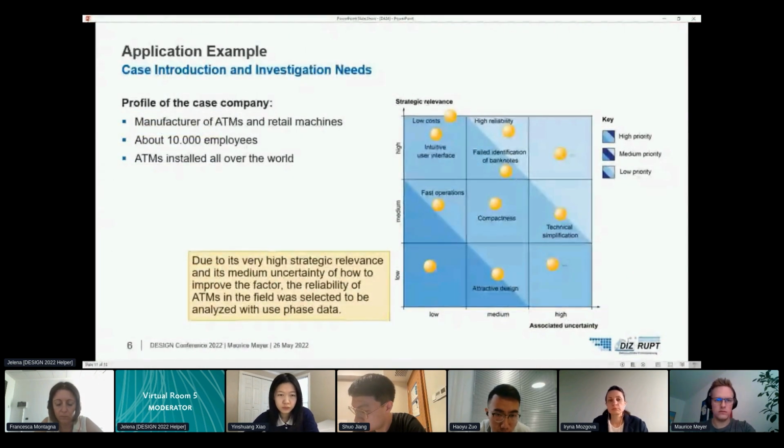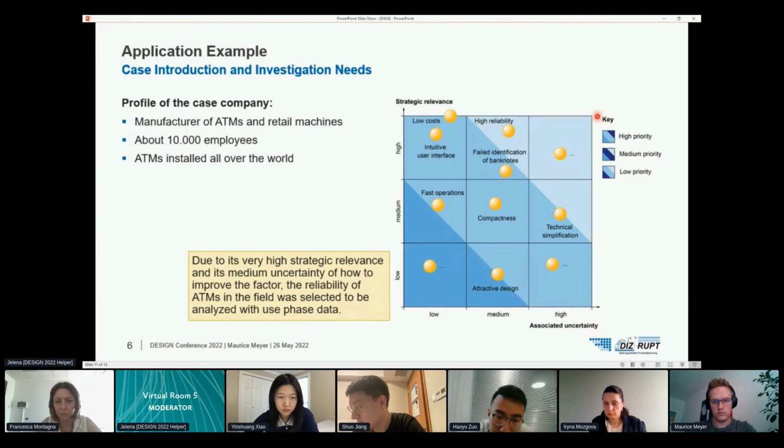Now I want to quickly show you how to apply the method. This example is with a manufacturer of ATMs and retail machines with about 10,000 employees worldwide. The ATMs of this manufacturer are installed all over the world. Here you can see a portfolio that looks at the strategic relevance and the associated uncertainty of the identified investigation needs.